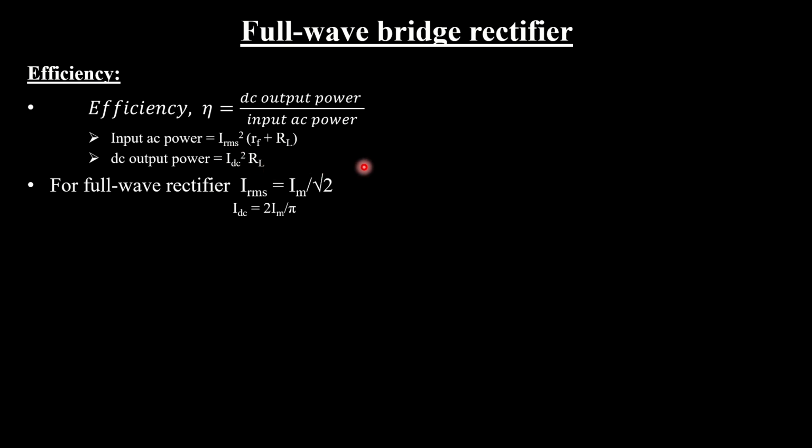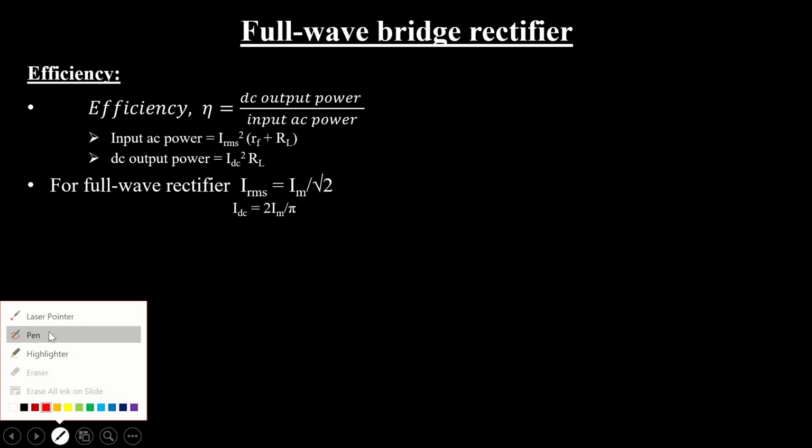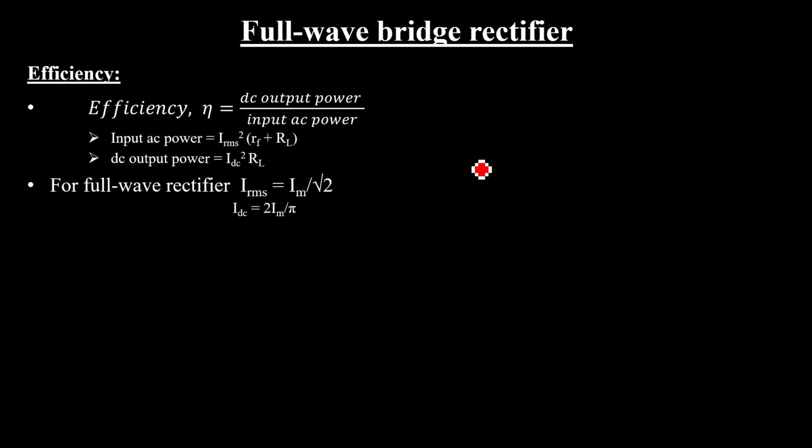Now for a full wave rectifier, IRMS is given by Im by root 2 and IDC is equal to 2 Im by pi. In the previous lecture I showed you how to calculate the IRMS and IDC for a half wave rectifier. The same thing we can use here.